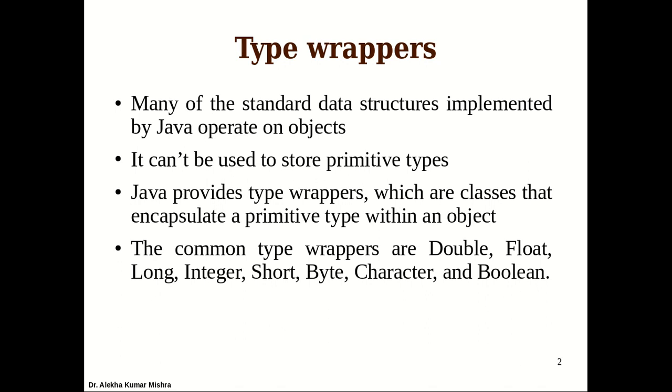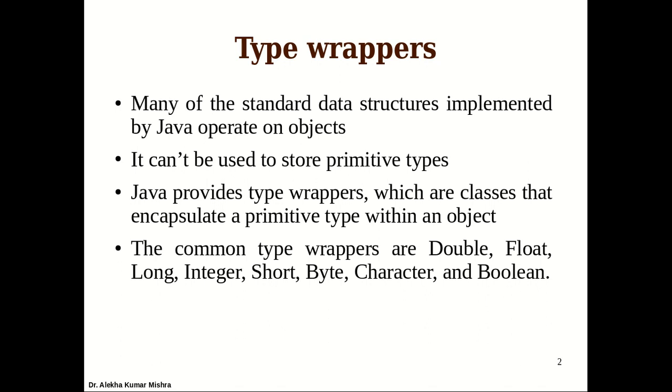Various standard data structures are implemented by Java for handling objects. If you refer to the Java utility library, you will find various data structures, and we're going to discuss some important data structures in our next session. All these data structures operate on objects. They treat any operation that you perform as applying to objects.